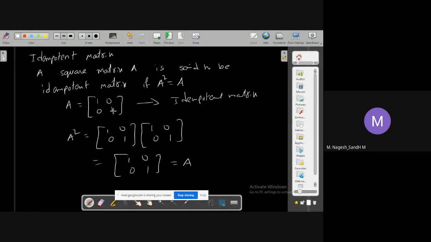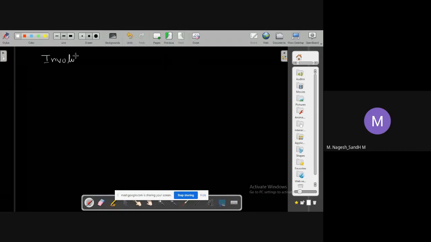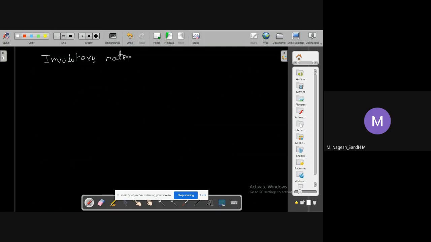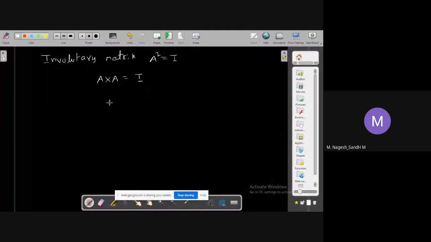Not only this, for any matrix, when you multiply A into A, if you get A again, then that is called an idempotent matrix. Next, involutory matrix. So what is an involutory matrix? It means A square equal to I. That means when you multiply A into A, if you get identity, then we call it an involutory matrix.